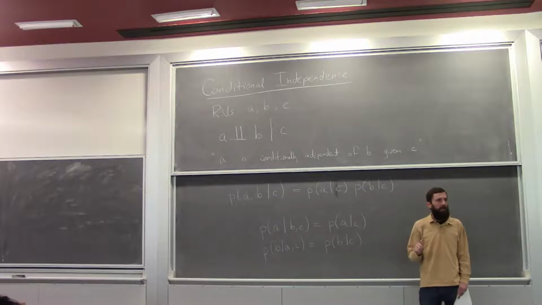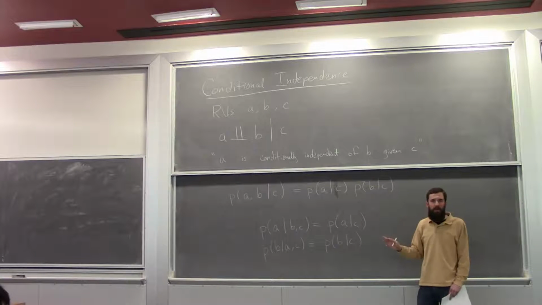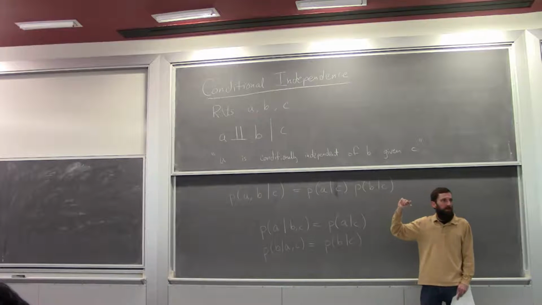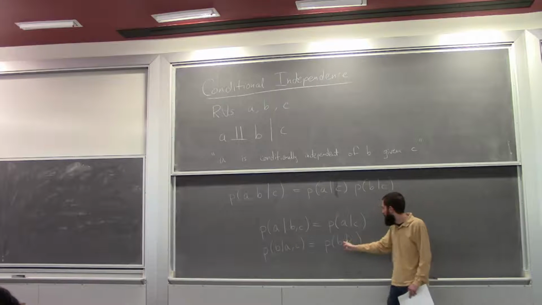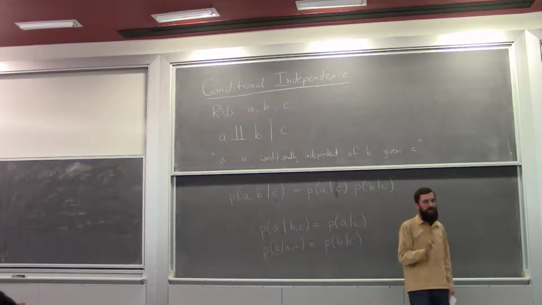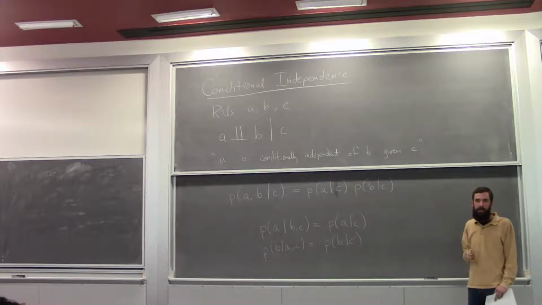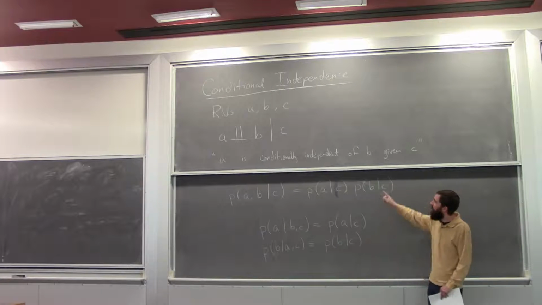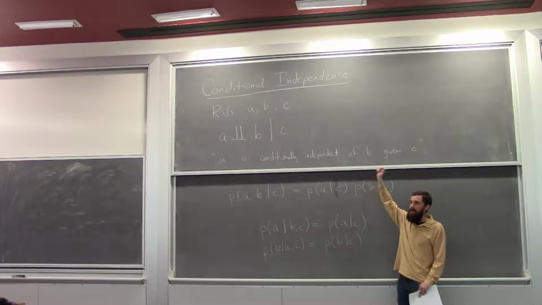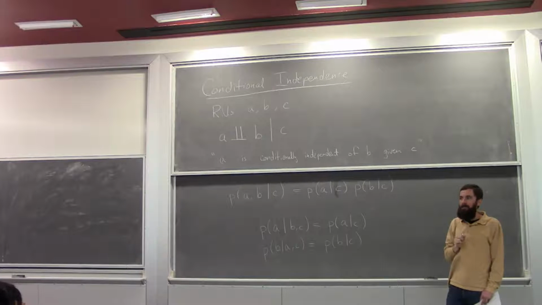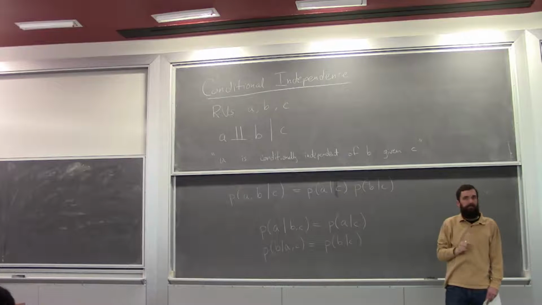Again, assuming that C is not some value that has zero probability, of course. I'll always have to assume that the things on the right-hand side have non-zero probability in the discrete case, because otherwise you couldn't divide. But yes, these are three equivalent definitions of A and B being conditionally independent given the random variable C.